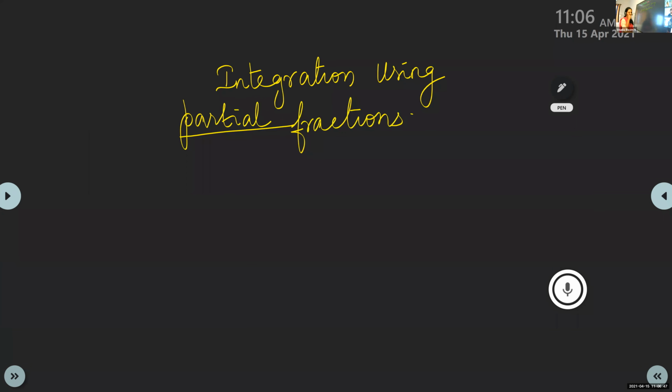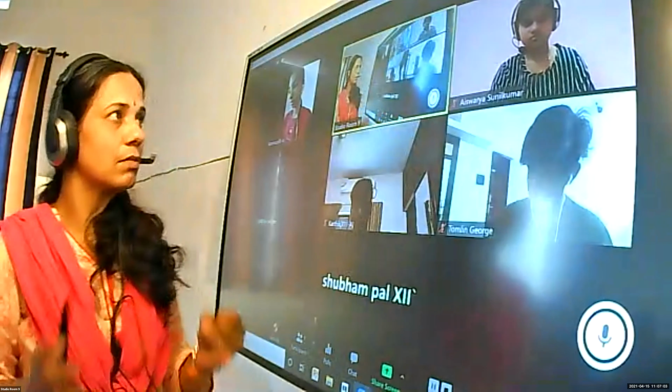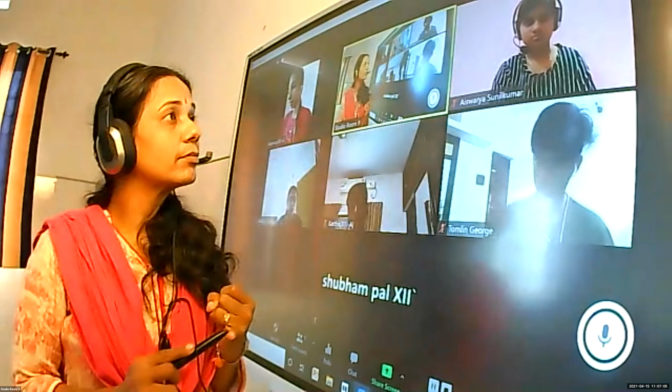What is meant by partial? Earlier we learned one type of integration with the same word, parts, isn't it? Yes or no? What are the different methods we have learned in integration till now?